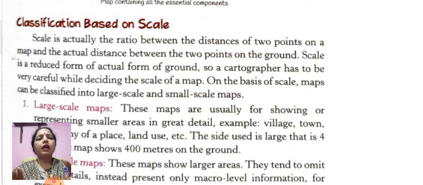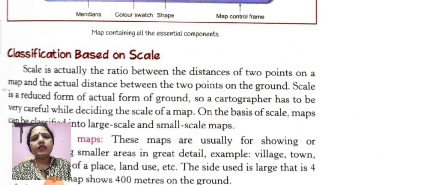So, a cartographer has to be very careful while deciding the scale of the map. On the basis of scale, maps can be classified into large scale and small scale maps. There are two classifications of map by scale: large scale map and small scale map.